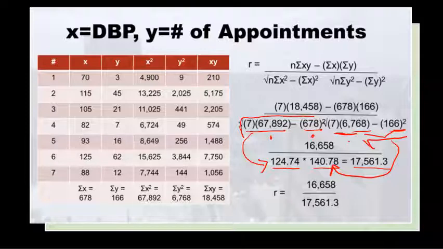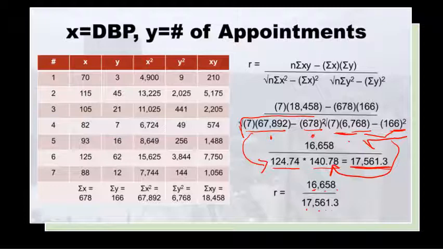So you already calculated your numerator, remember? And then you got your denominator finally. Now all you have to do is divide 16,658 by 17,561.3.